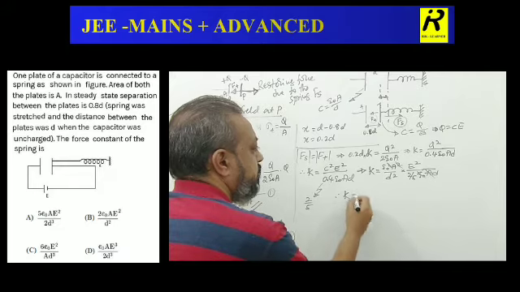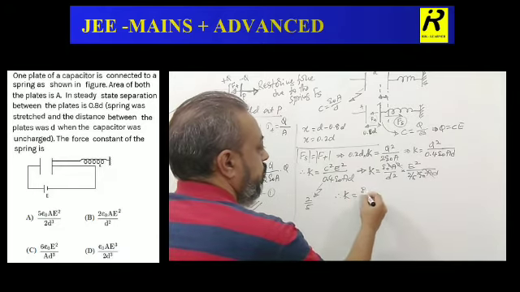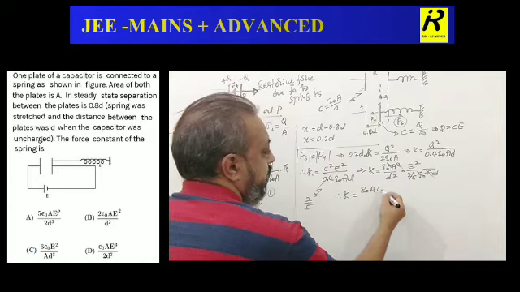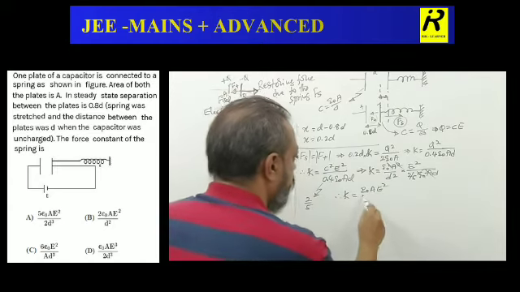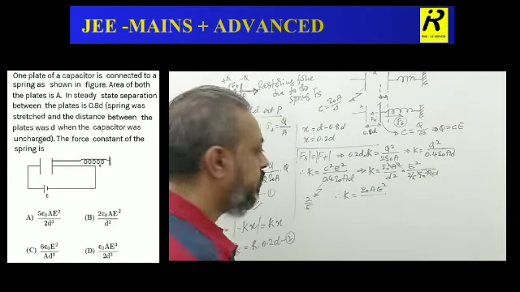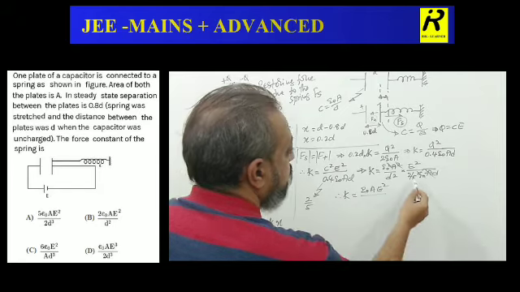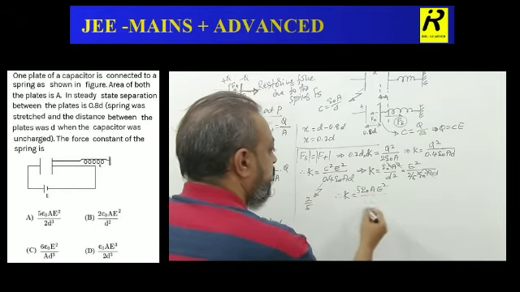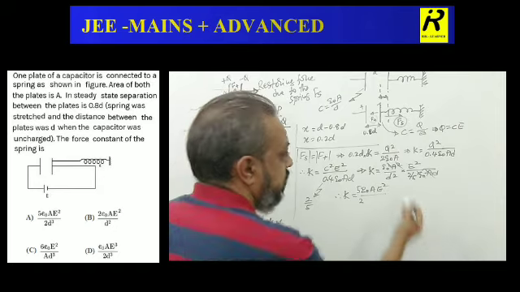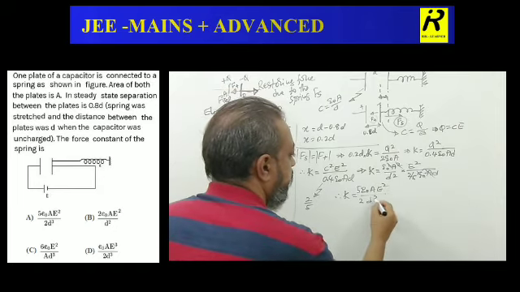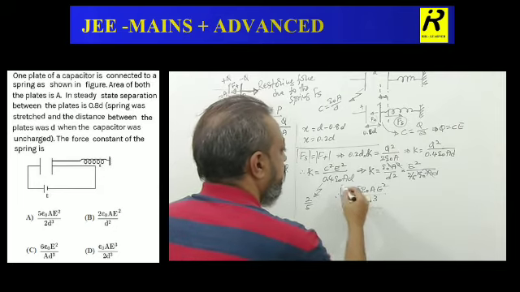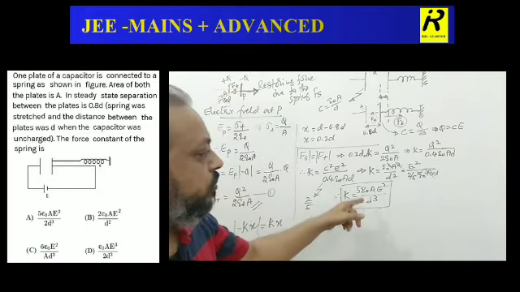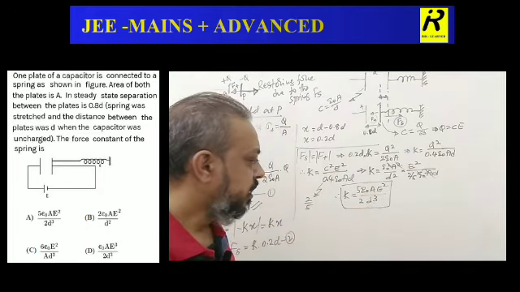Therefore the remaining terms are epsilon O, and don't forget A, and E square, and the whole divided by, I have to use this 5 in the numerator, and in the denominator it is 2 D square and D, it must be D cube. So this is my final result, 5 by 2 epsilon O A E square divided by D cube.